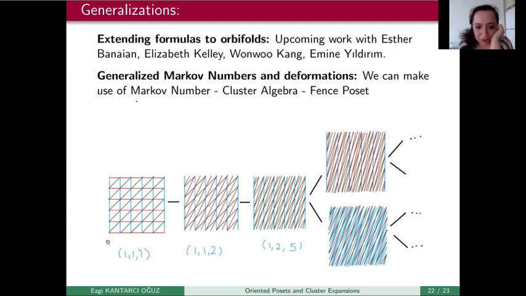Like here, you can look at the tilings of the space, and then you can do mutations on that, and each mutation also gives you a triple of Markov numbers, and you can also have generalized Markov numbers, which correspond to different tilings. Some of them correspond to orbifolds. You can do Q deformations. So lots of fun stuff.